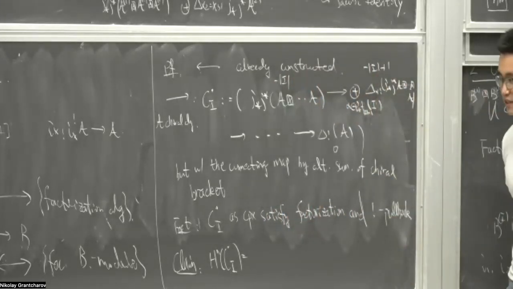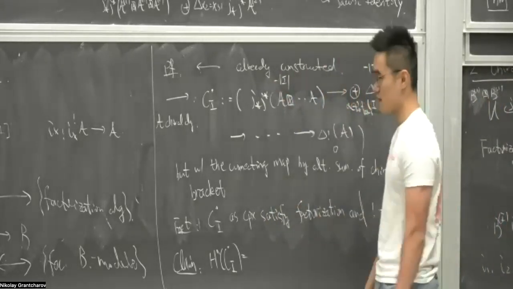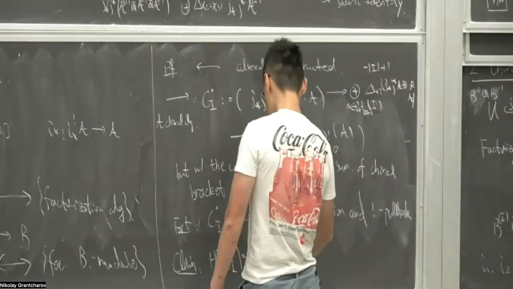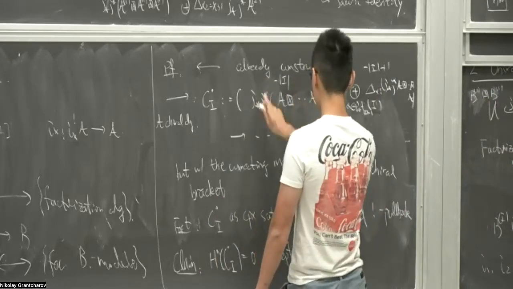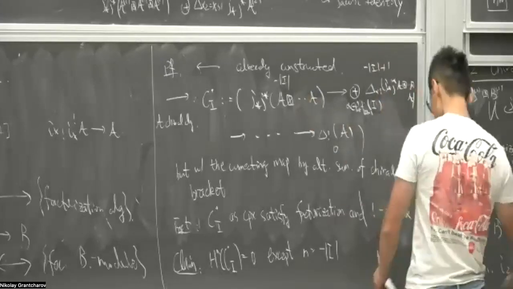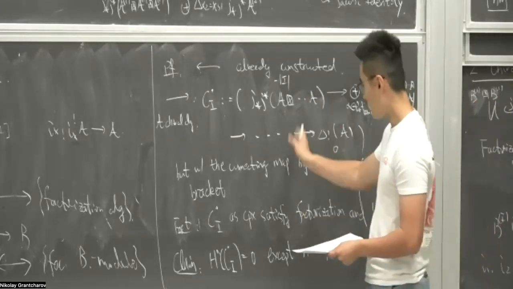That's where I put my complex. Degree 0, degree minus. The claim is that it's 0 except in the augmented complex. After you prove the claim, everything follows.